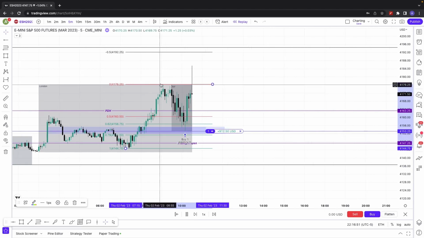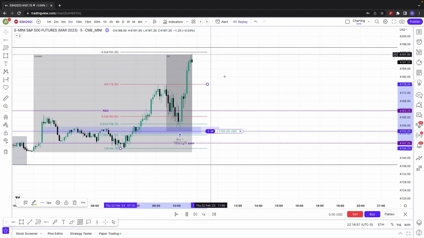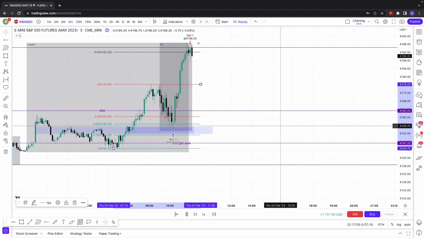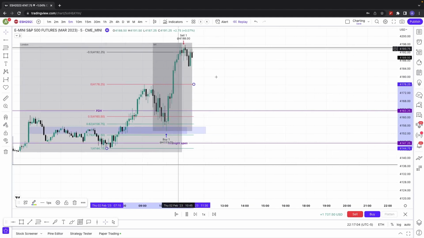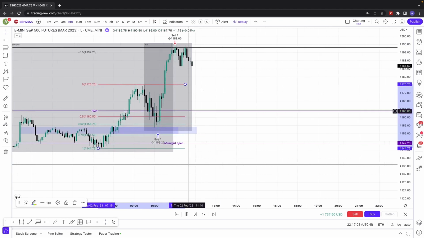We're looking to take profit if we bought multiple cons above here. And then here's our September highs that we just broke. Okay. One contract, $1,700.